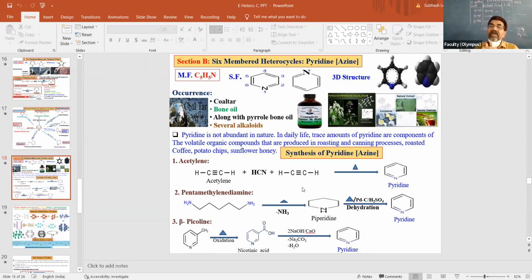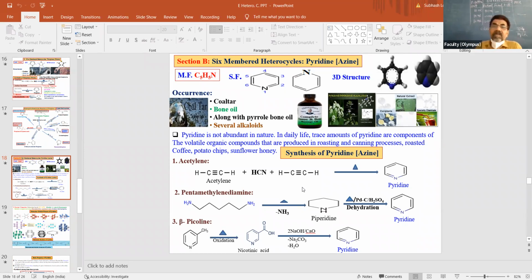Just on heating, it will give the piperidine ring, and on the piperidine ring, dehydration with palladium as a catalyst in the presence of H2SO4 as dehydrating reagent. Dehydration is removal of hydrogen and removal of water molecules. Then you can obtain pyridine as a ring.